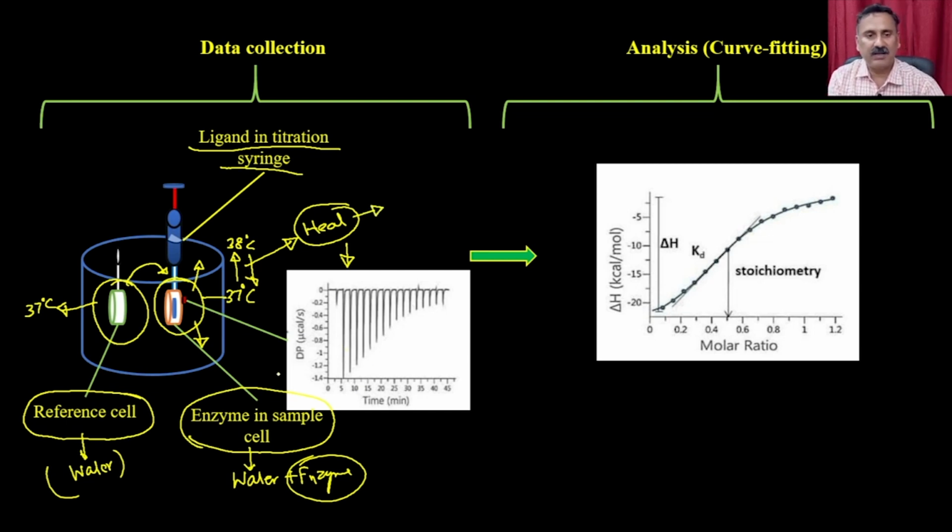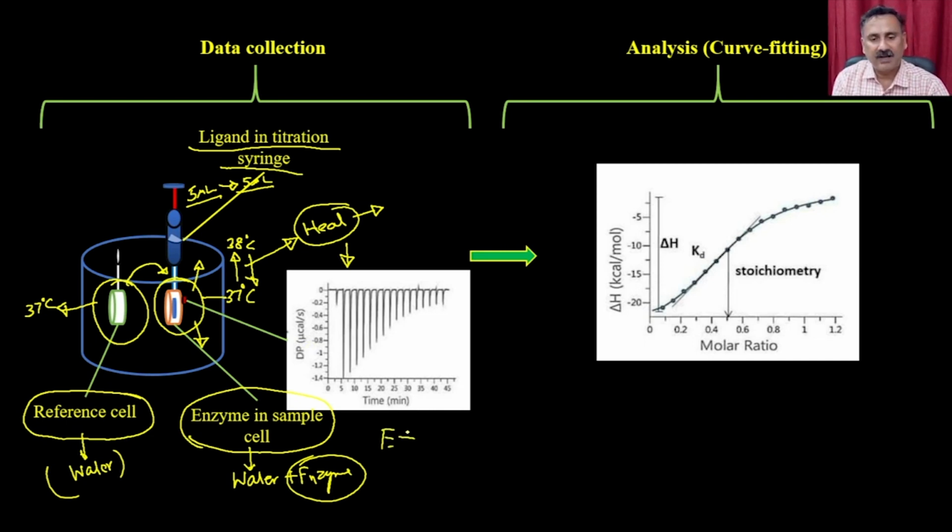each injection. In each injection, you can inject 5 microliters of sample. In the second injection, you can add another 5 microliters of your ligand, and so on. With each injection, the rise in temperature is going to keep reducing, because this rise is happening because the enzyme is interacting with the substrate, right?